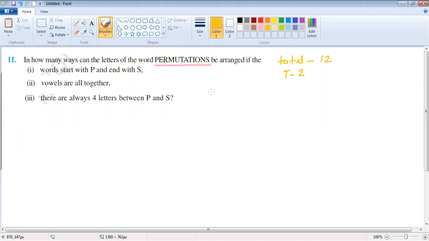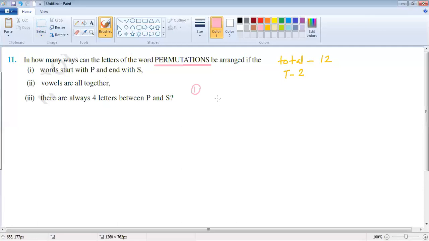So now question number 1. Total how many words or how many arrangements? You have to take all the 12 letters at a time.